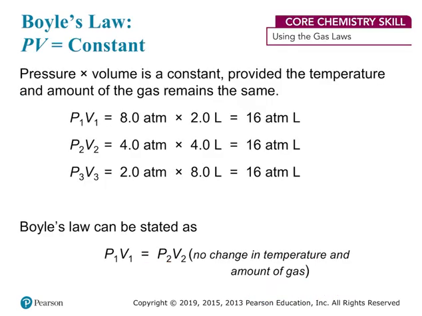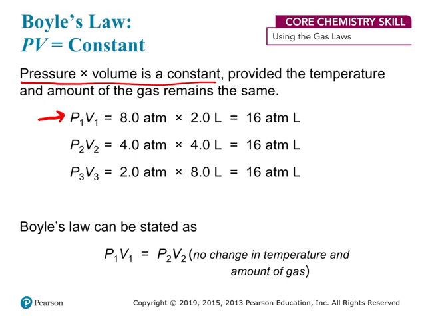Again, pressure times volume is a constant, provided that the temperature and the amount of the gas remain the same. So for instance, let's say we have an initial set of conditions where P1 is equal to 8 atmospheres and V1 is equal to 2 liters.